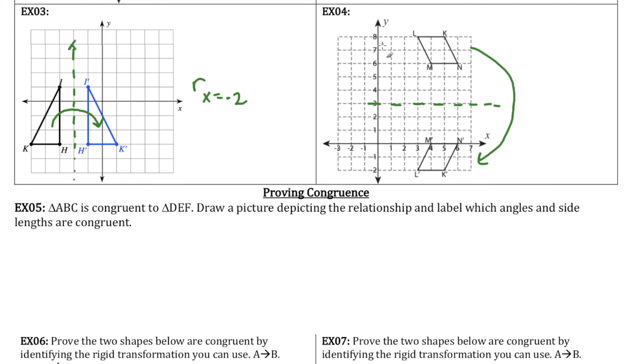That is our y-axis. So it's reflected over the line y equals 3. Remember, the earlier one was where the x was always -2, and this is where the y is always 3.